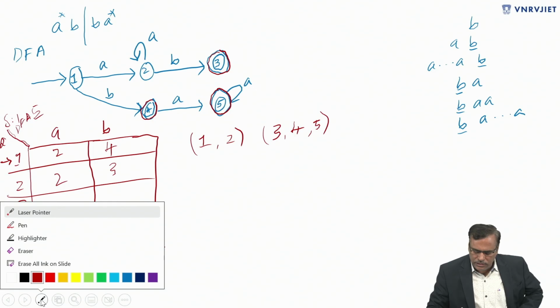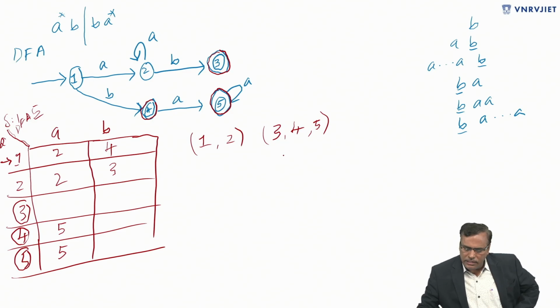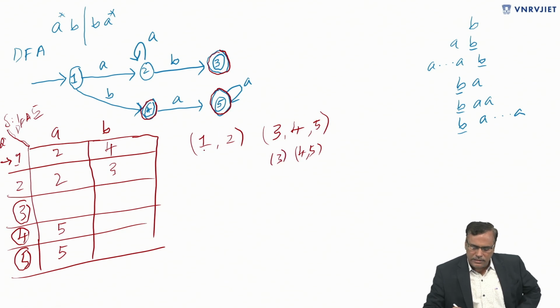I can combine 4 and 5 into one. 3 I cannot combine. And 1, 2 also I cannot combine. They are different, so I am going to keep 1 as well as 2 separate.